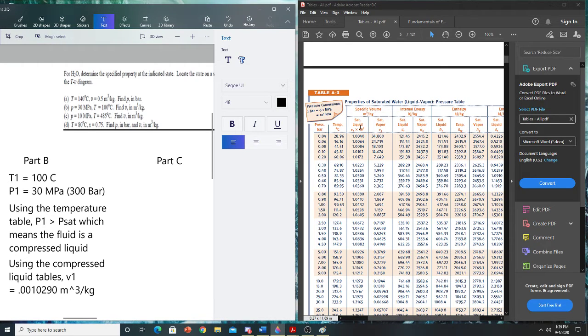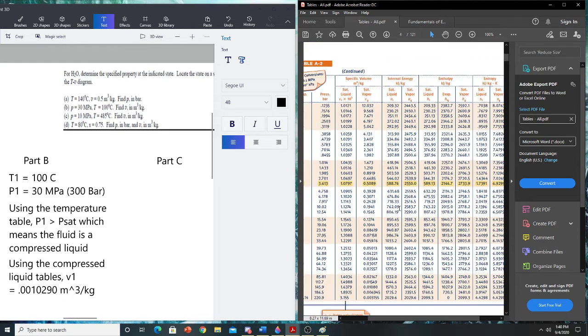So on the pressure table here, this is the properties of saturated water pressure table. If you have, let's say, 1 bar here, 1 bar corresponds to 99.63 as the boiling point temperature. If you use the pressure table, if our temperature given is higher than this, so let's say I give you 1 bar, 200 degrees Celsius, we are superheated because our temperature is greater than this right here.